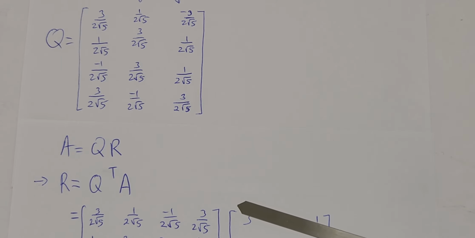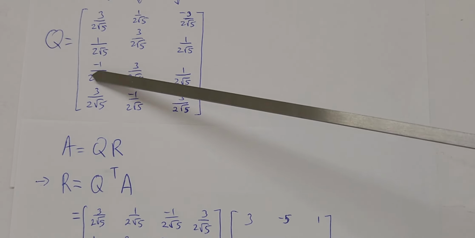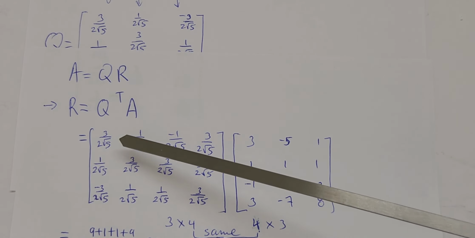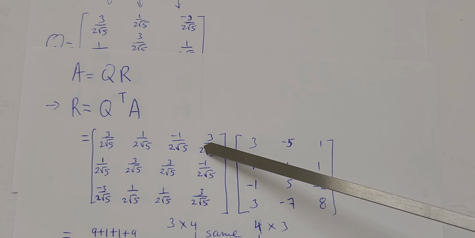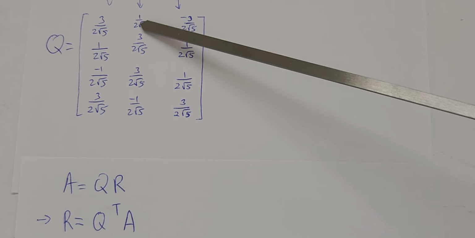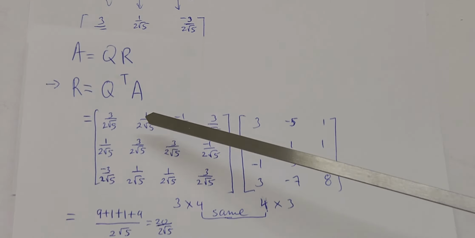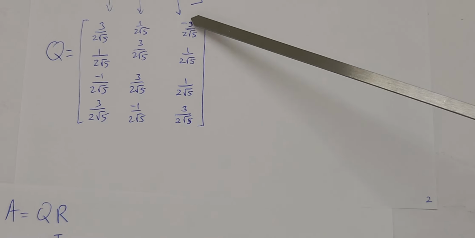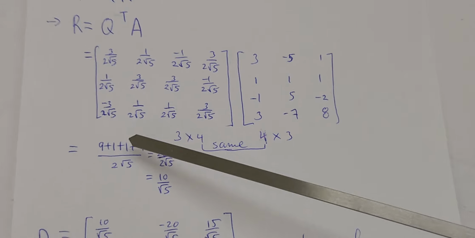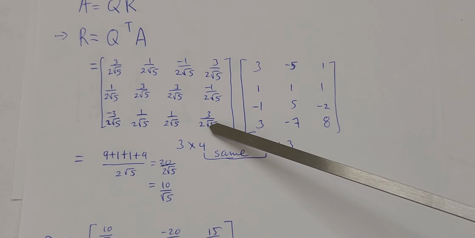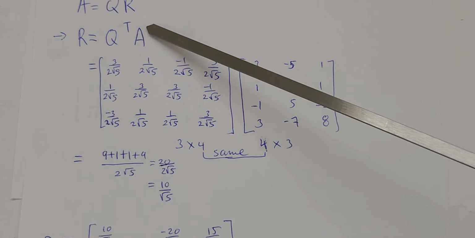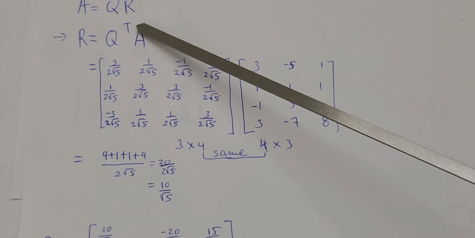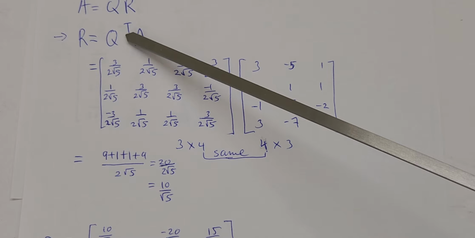That's what transpose means. Take this column and write it as a row. Take the third column and write it as a row. So that's what Q T stands for, transpose. That T means transpose.